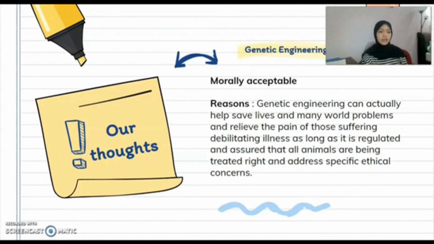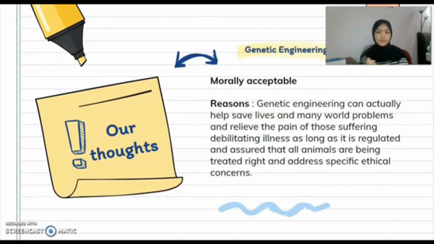Tapi as long as it is regulated and assured that all animals yang terlibat are being treated right and address specific ethical concerns lah. Kalau dia buat penganiayaan terhadap binatang tu, of course lah not morally acceptable, but we think that it is morally acceptable if it is regulated and assured that all animals are being treated right.